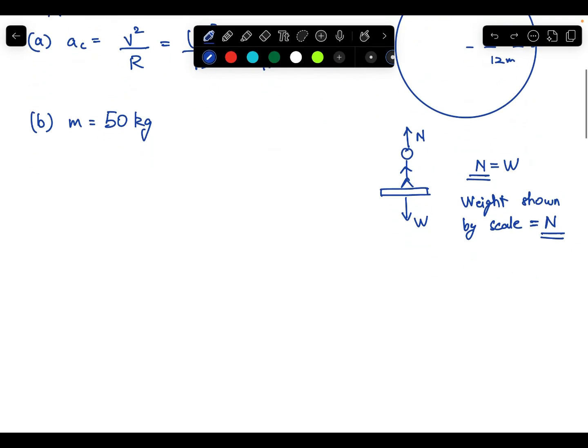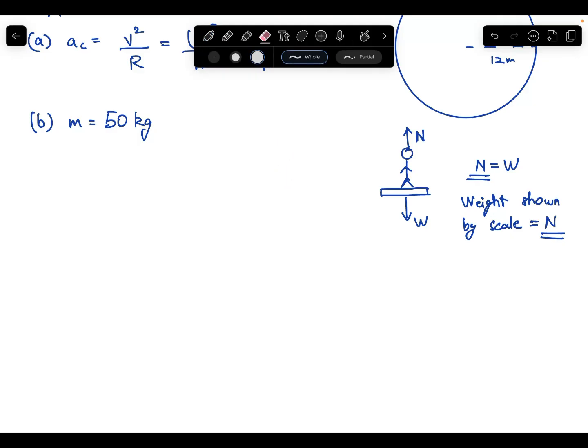In this situation, the person is not stationary. The person is moving. So if you remember in the lecture, I talked about how when your car is taking a left turn, when you're sitting inside it, you feel a force in the opposite direction of the turn.